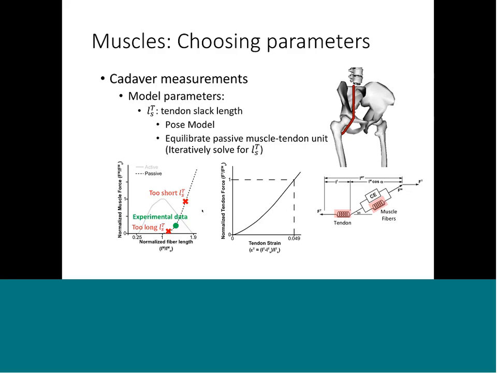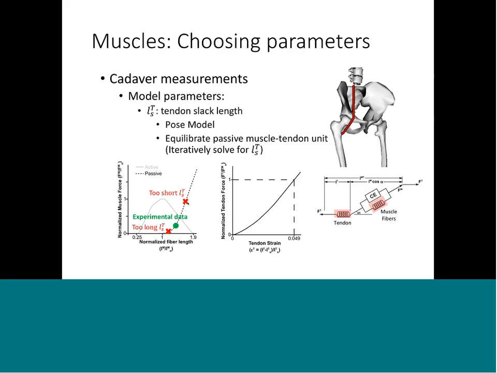So for example, if we started with a guess of tendon slack length that was too short and consequently have a relatively stiff tendon spring, our muscle fibers in the model will take up too much of the total muscle tendon length compared to experimental data. So we'll be further to the right on the force length curve.